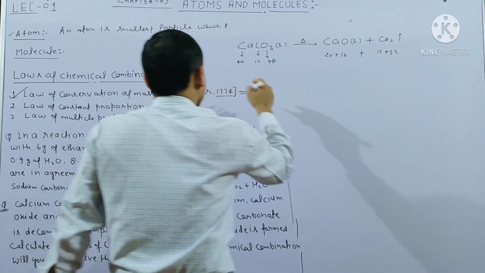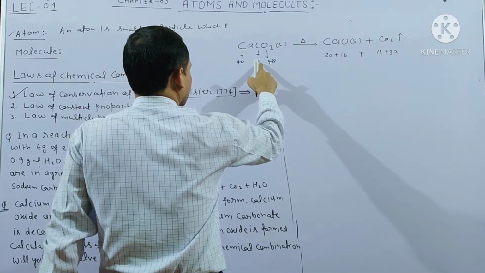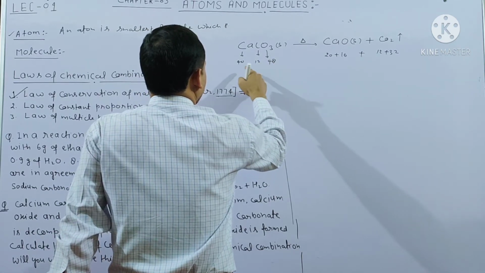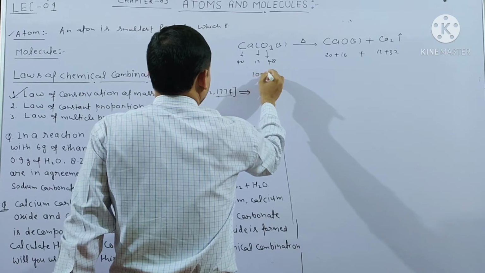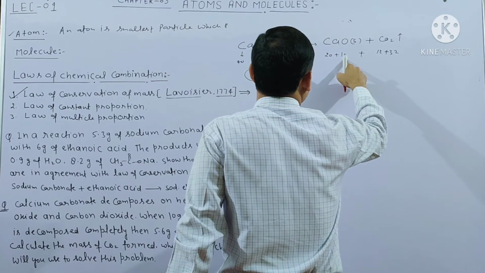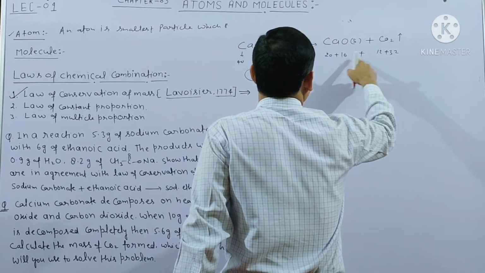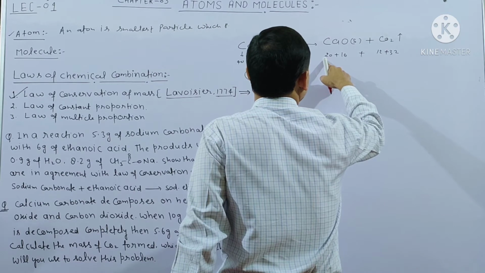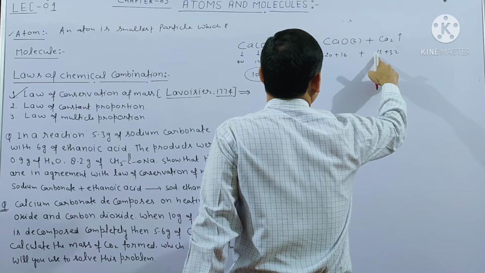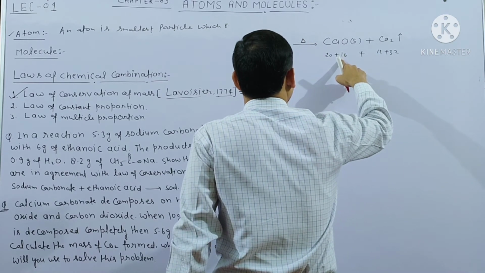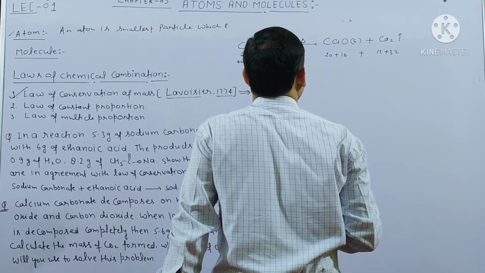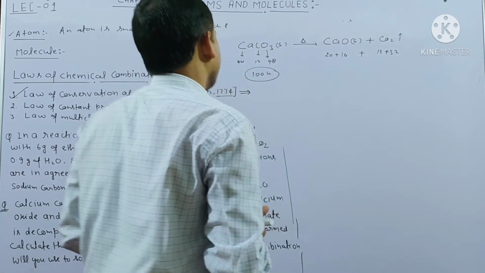Now add all of them. The reactant side is 40 plus 12 plus 48, which is 100. This is 100 u, and the product side should also add up.